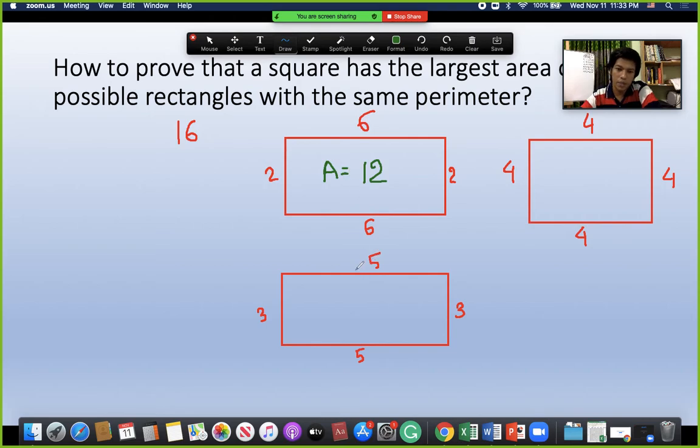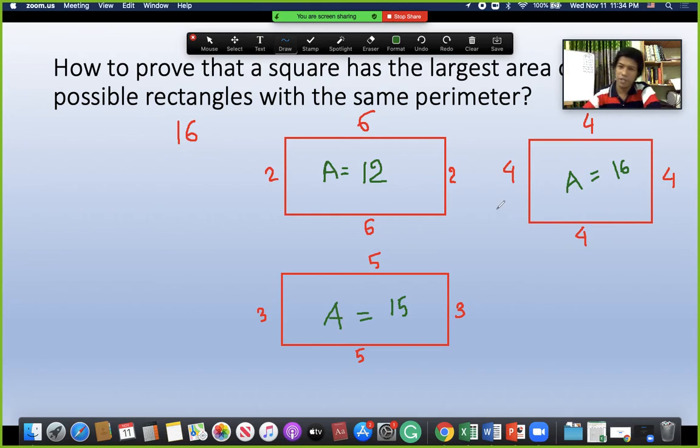What is the area here? 5 into 3, that means 15. What is the area here? 4 into 4, that means 16.